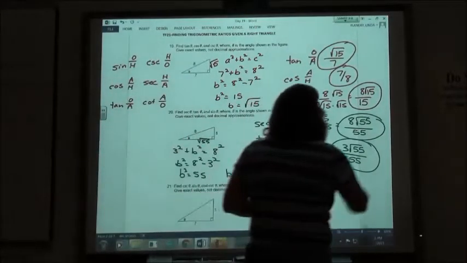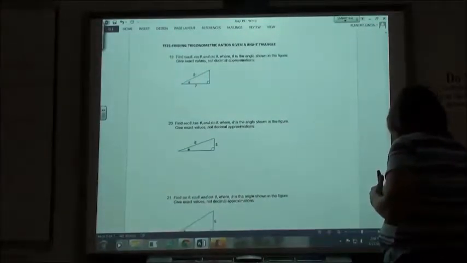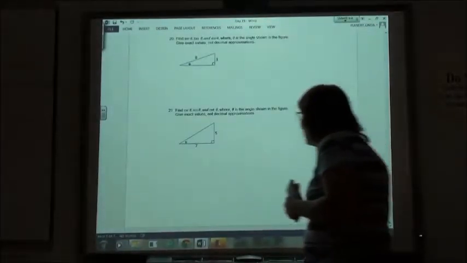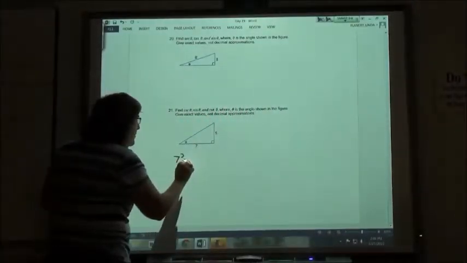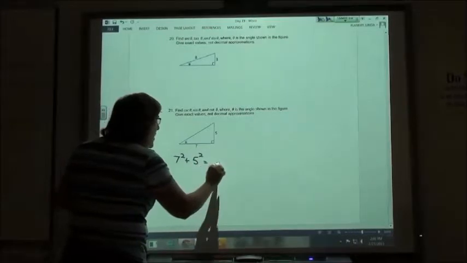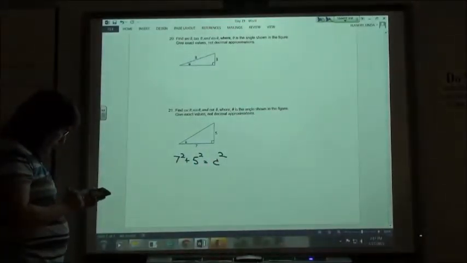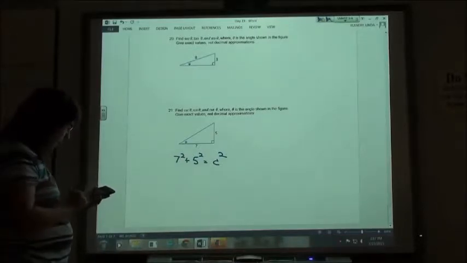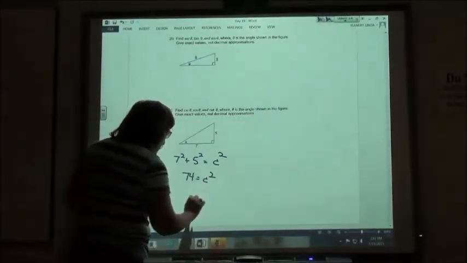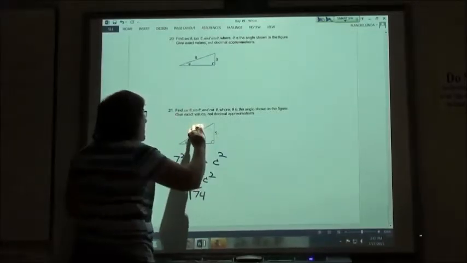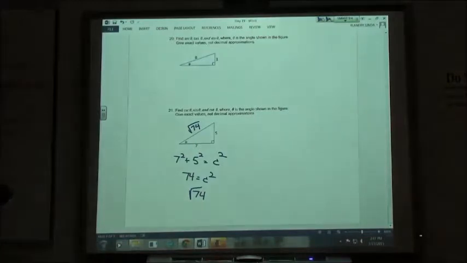And 21. So 21, we're missing the hypotenuse. So 7 squared plus 5 squared equals c squared. 7 squared plus 5 squared is 74. So the square root of 74 is going to be what our hypotenuse is.